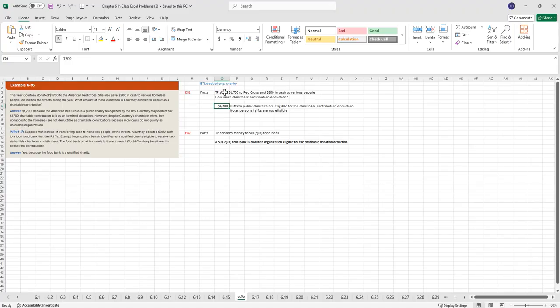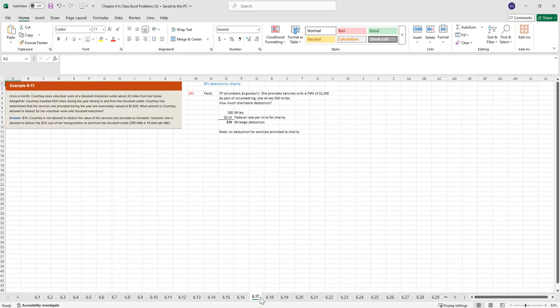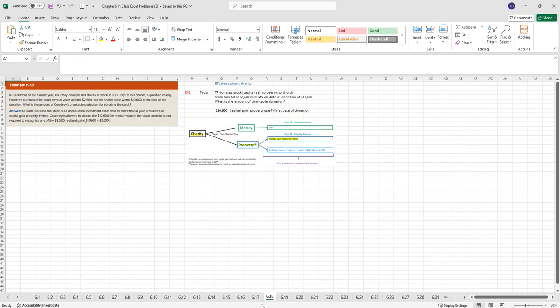We give some money to the Red Cross and $200 to friends. The only thing that would count is to the Red Cross. Those gifts to friends are not eligible. They talk about, hey, we volunteer at the Goodwill and we drive there. Well, that's great. The only thing you're going to get is the driving, the mileage deduction. Again, don't memorize that. But the value of your services you do not get.